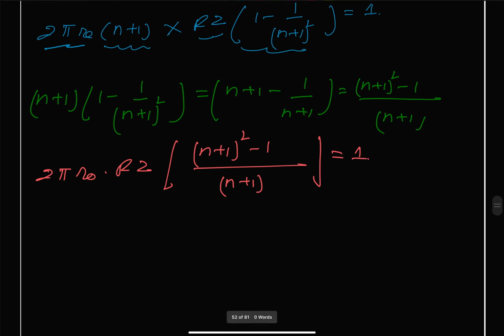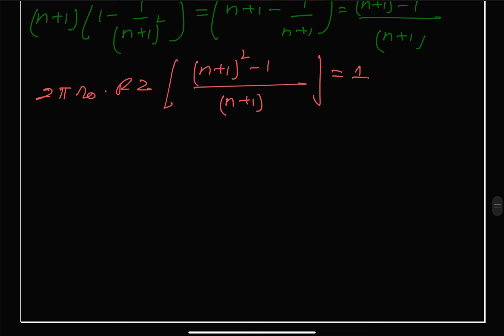So this is only simple calculation now: ((n plus 1) whole square minus 1) divided by (n plus 1) is equal to 1 upon 2 pi r naught R z.